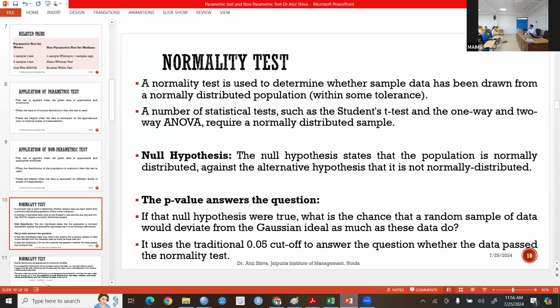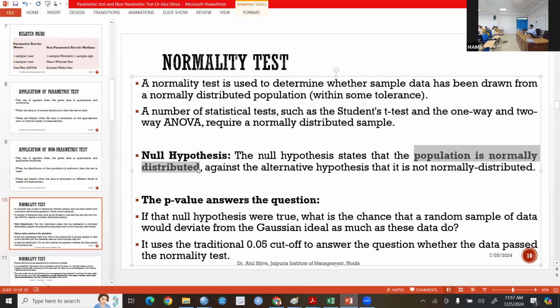We will make sure that the null hypothesis is read carefully, because the null hypothesis states that the population is normally distributed. Now, do let me know whether you want to accept it or reject it. What do you want? Your population to be normally distributed? You want it?